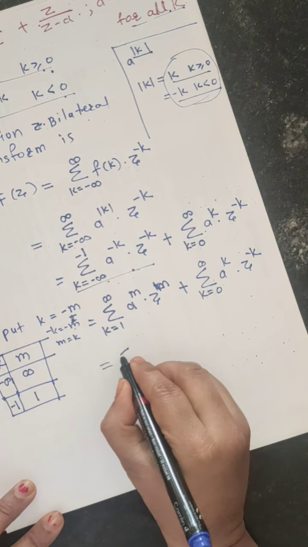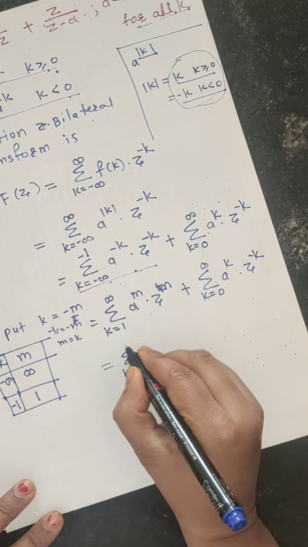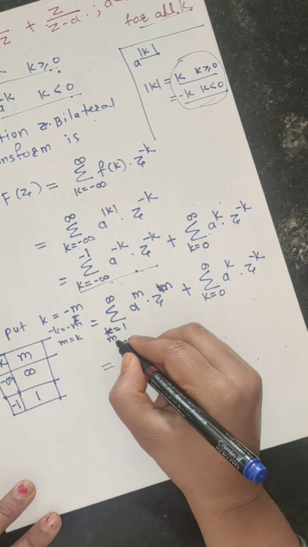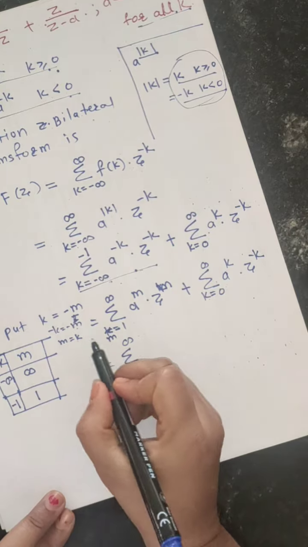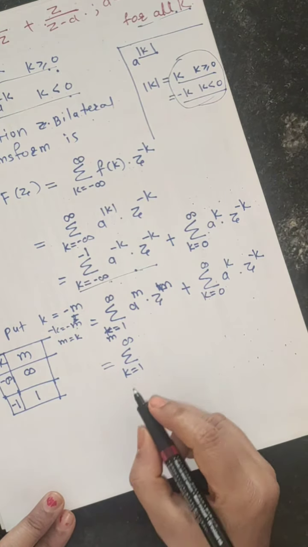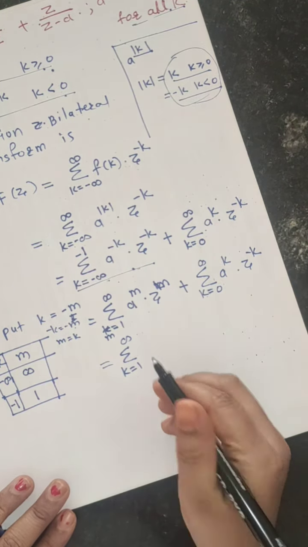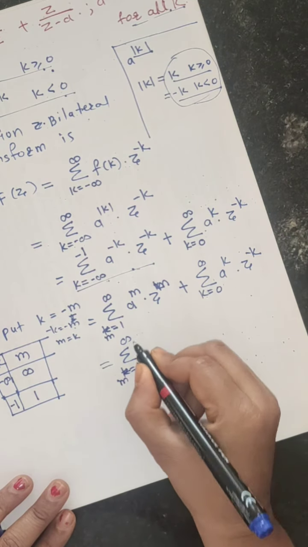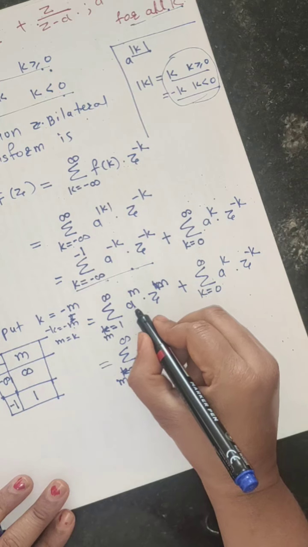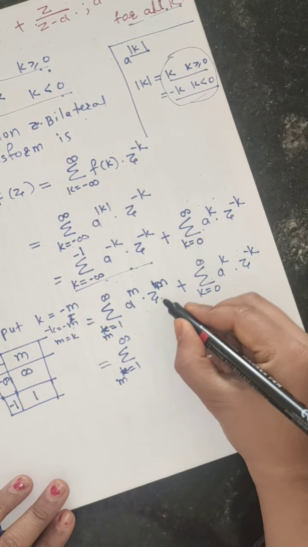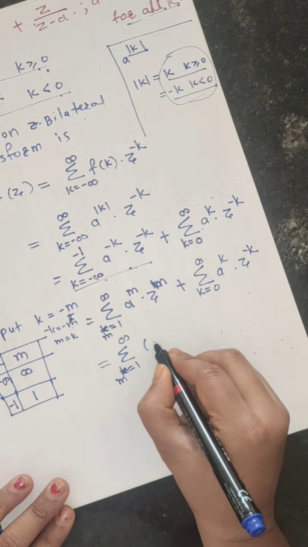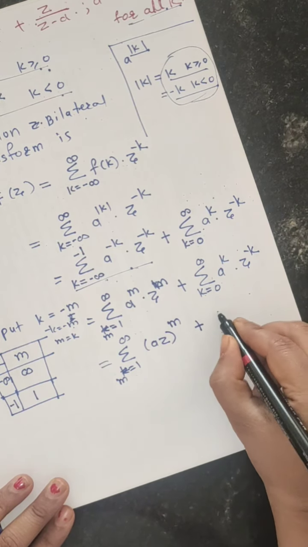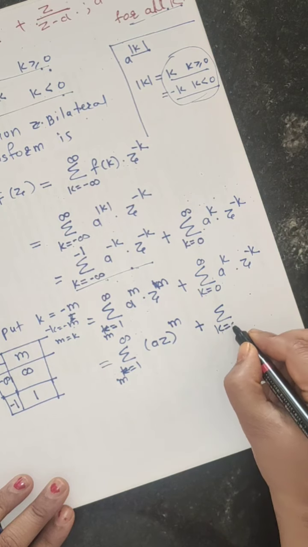So in the first summation, m starts from 1 to infinity, where we substituted k equal to minus m. Here a's power is m and z's power is also m, so we write it as az raised to m, plus the same in the other summation.